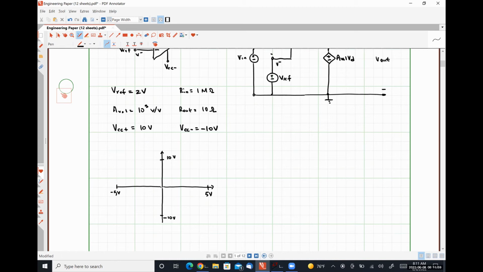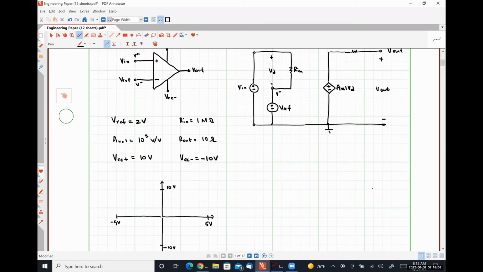So let's analyze this circuit first and figure out what our relationships are going to be. Hopefully by inspection, we can observe that our output voltage, V out, is going to be nothing more than our open loop gain AVOL times VD, which in our case is going to look like 10 to the 5 times whatever value VD has.